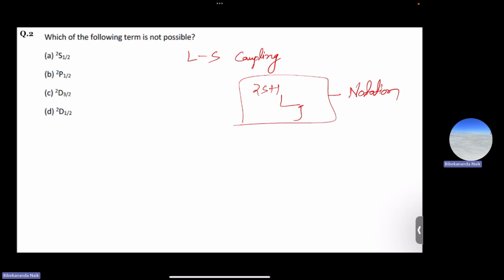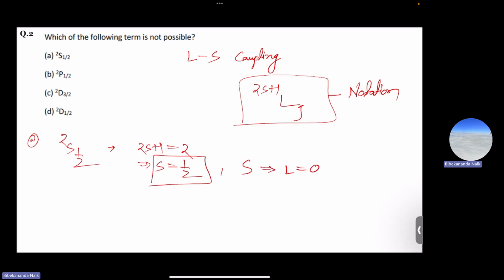So the first one is 2S half. For 2S half, 2S plus 1 is 2, that implies S is half. And for S, L is 0.